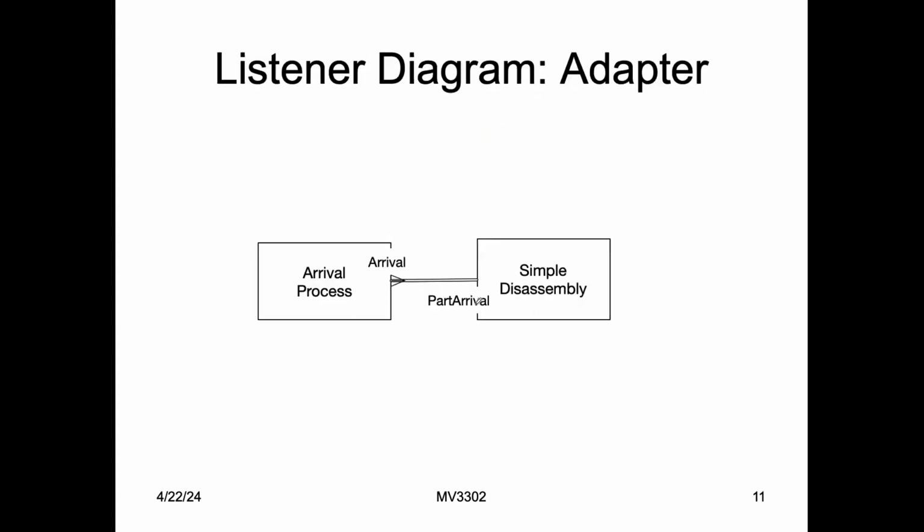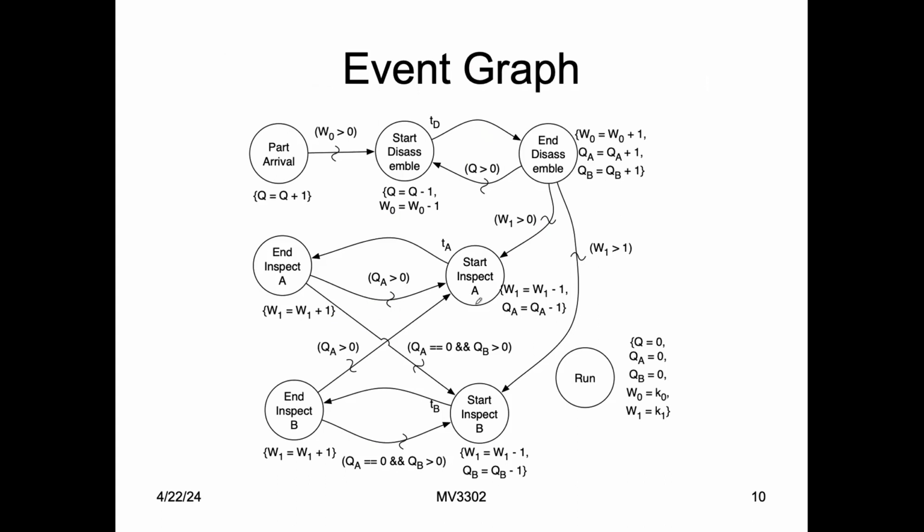Without the adapter, the choices are to have that little mini component that just does that, or something else. And of course, if I was doing this with entities, I would need something like the entity arrival process, and then things would match up.